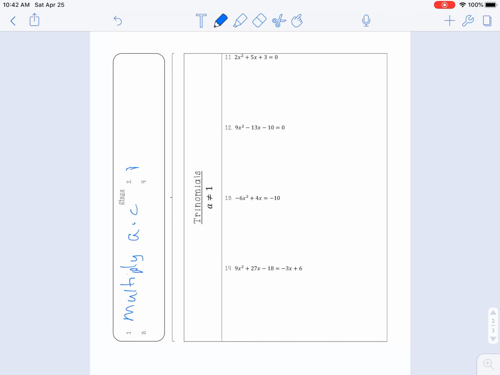Then you find factors of that equal b. You plug those factors back in. And then you factor by grouping.